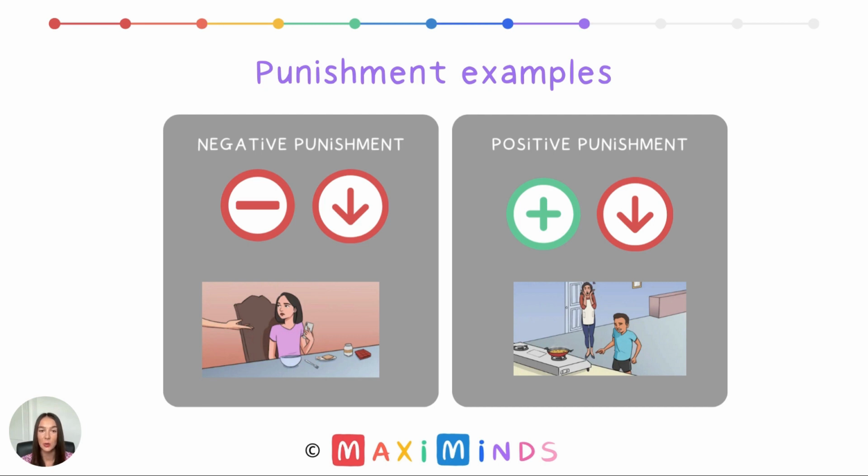So, for instance, taking away the phone in the classroom so that they aren't able to be distracted anymore. But it also can be involved in adding something, as in the case of positive punishment, when you can add something such as constructive feedback to also reduce undesirable behaviour going forward.